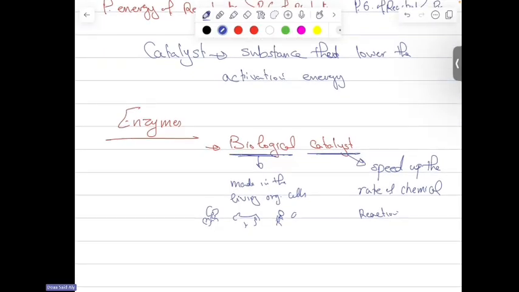The catalyst or the enzymes, they speed up the rate of the chemical reactions by lowering the activation energy. So the main function of these enzymes, they lower the activation energy, they reduce the activation energy, or they minimize the activation energy.